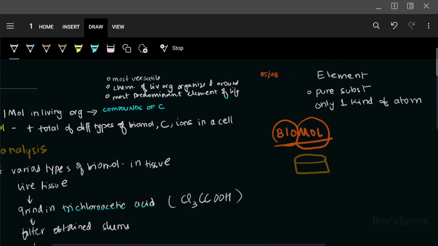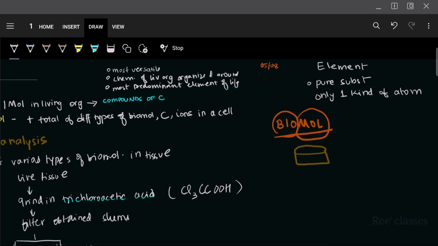It's also important to note what an element is. Basically a pure substance, right? It is only one kind of atom. Now you might ask, what do we really mean when we say one kind of atom? We're aware that atoms are made up of protons in the nucleus, right? And the way we organize it in the periodic table also has something to do with that, right?